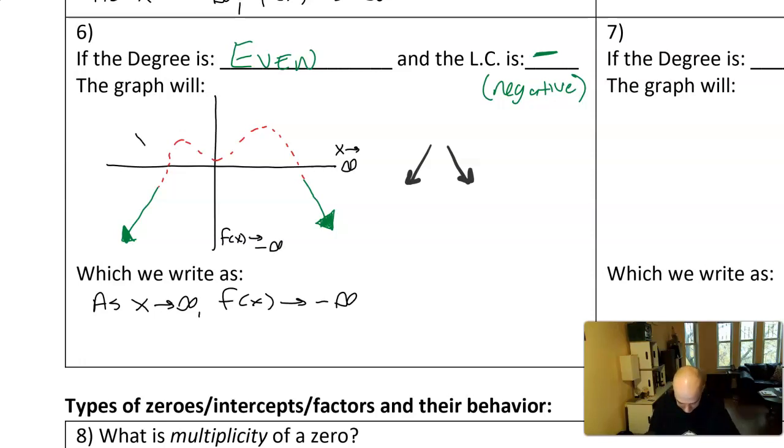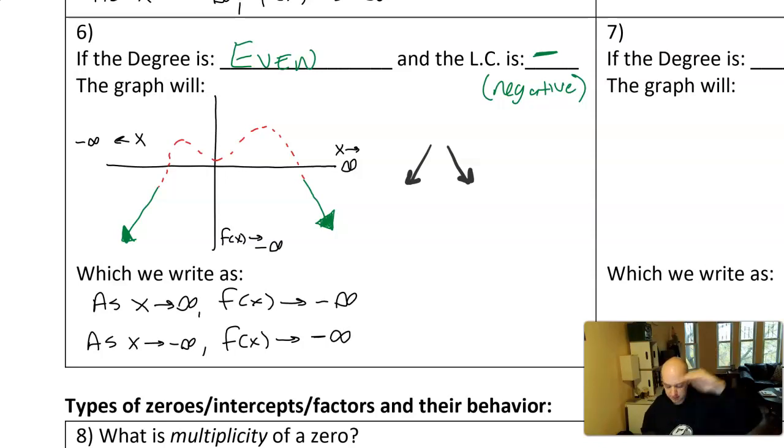And as x is approaching negative infinity to the left, which we'd write like this, f of x is going in the same direction like that. So that's our even negative behavior. It's basically a reflection over the x-axis of the even positive behavior.